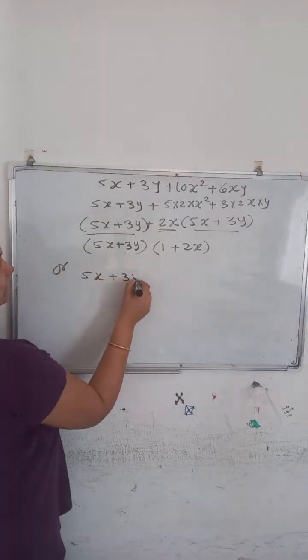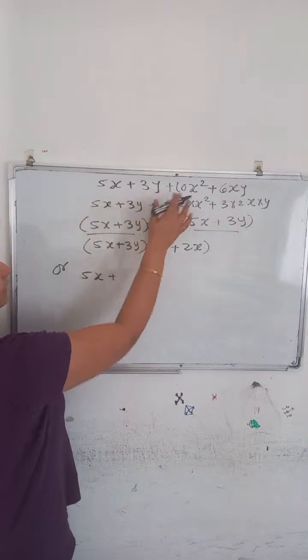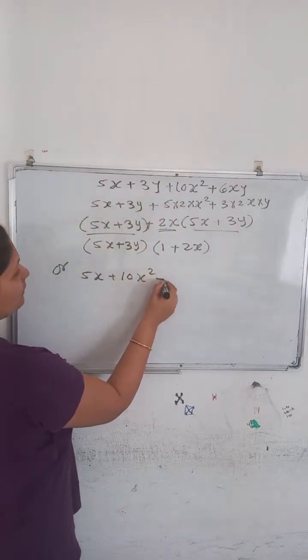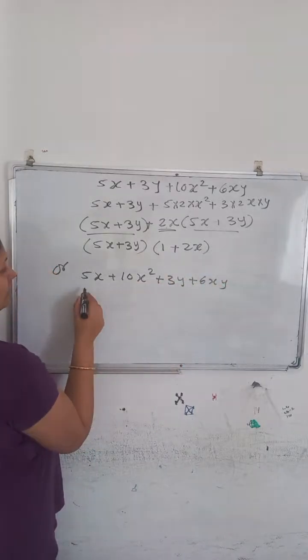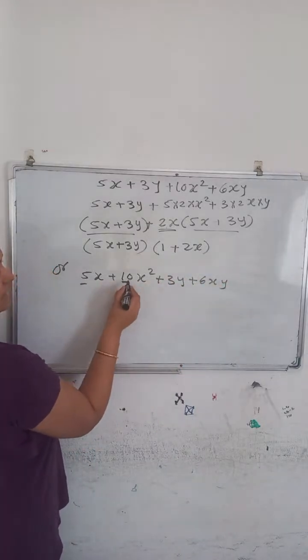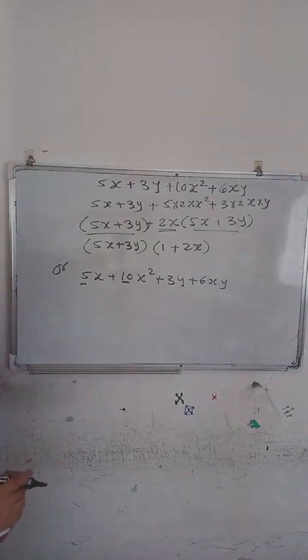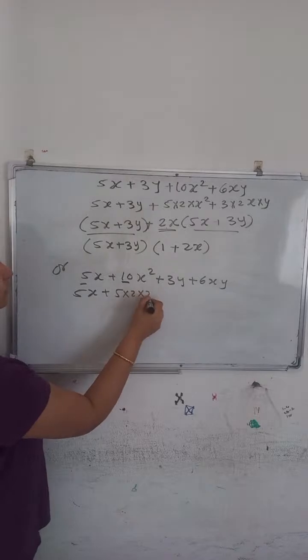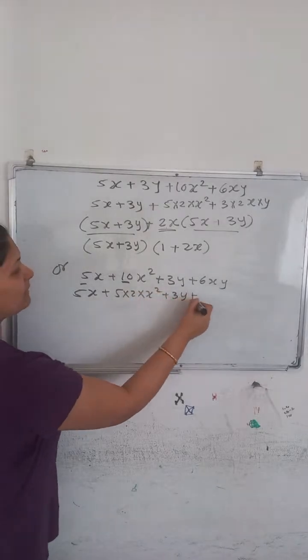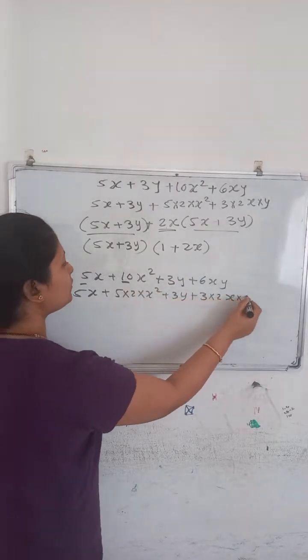Or how else can you solve this? 5x plus 3y, I will rearrange the terms: 5x plus 10x square plus 3y plus 6xy. Factors of 10 are 5 into 2, so I write 5x plus 5 into 2 into x square plus 3y plus 3 into 2x into y.